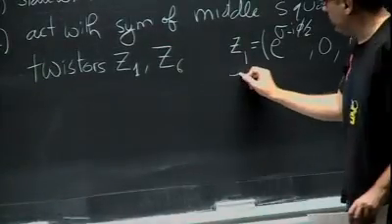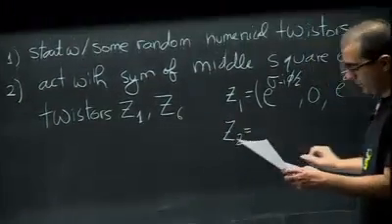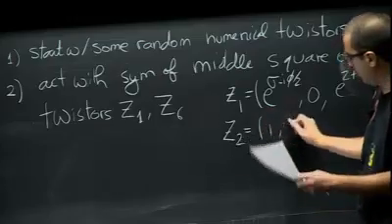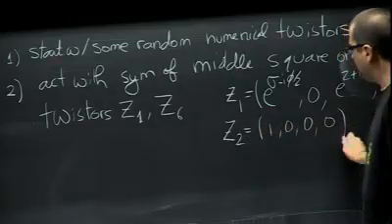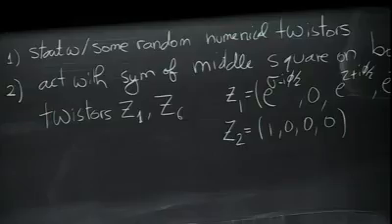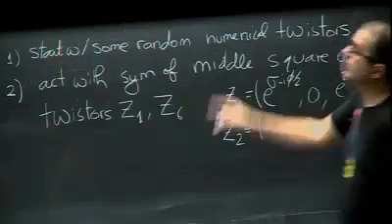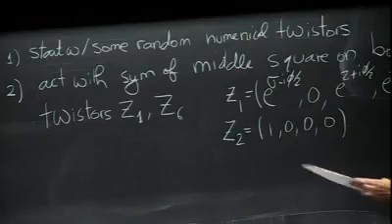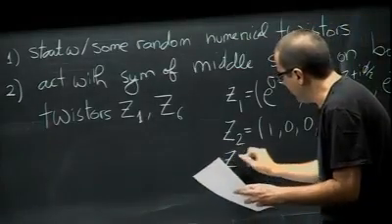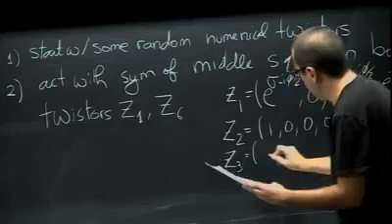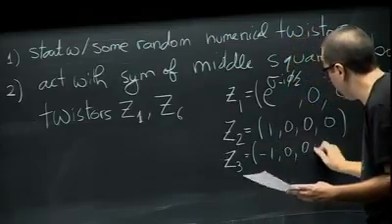Then Z2, well, Z2, we started random and we keep it random. For example, it could be 1, 0, 0, 0. This would be the same twistor as the right twistor that we had there. Okay? And just because I want to give you an exercise, I will write all twistors, because I will tell you something for you to do.